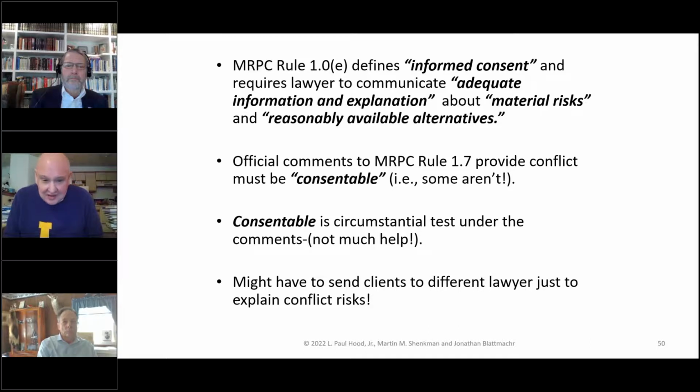Well, informed consent, you've got to give certain information, and the comments to Model Rule 1.7 say that the conflict has to be consentable, which should be a red flag for us all, because not every conflict is consentable. For example, I think an easy one is you can't represent a husband and wife, or two betrothed people, putting together a prenuptial agreement. In fact, in some states, that's expressly against their rules. They've put an express provision in their version of Rule 1.7 that says you can't do that.